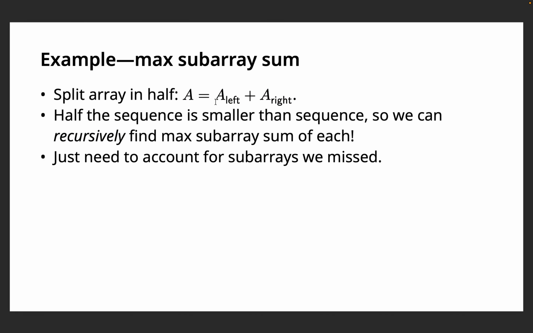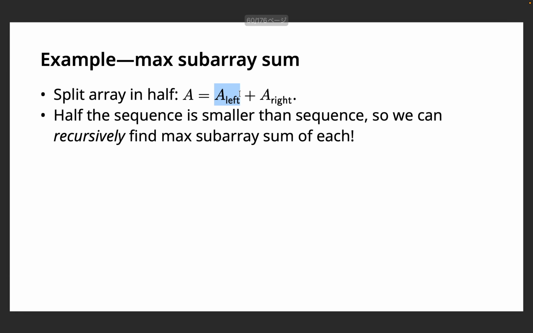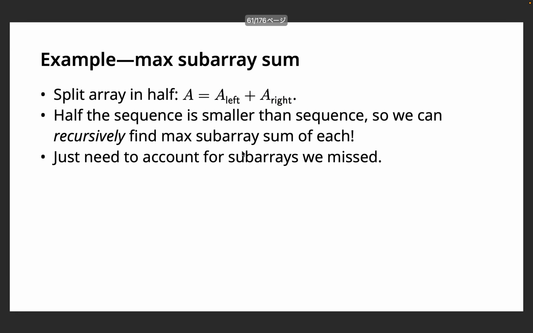And in that case, if we consider all max subarray sums of this left half, as well as all max subarray sums of this right half, what are the subarrays that we miss if we split the array like this? Well, we already have all of the subarrays that are strictly in the left half, and all of the subarrays that are strictly in the right half.